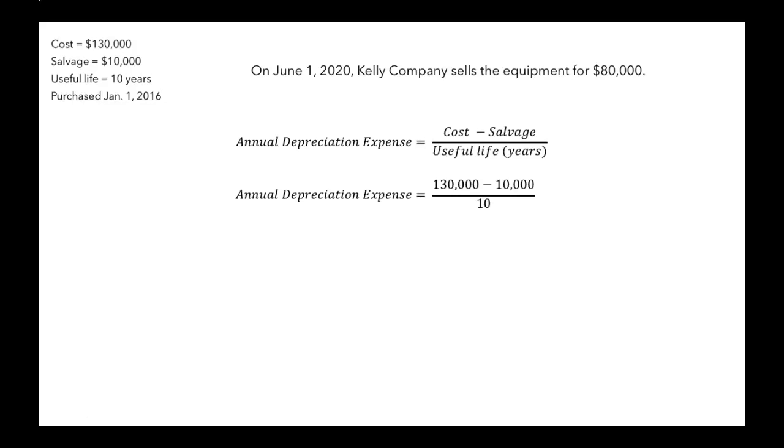So we plug in the numbers that we know. Our cost is $130,000, our salvage is $10,000, and its useful life in years is 10, leaving us with an annual depreciation expense of $12,000. So that's every single year.